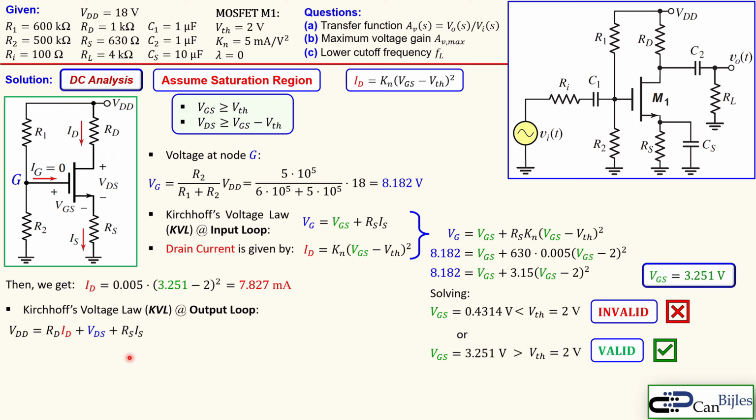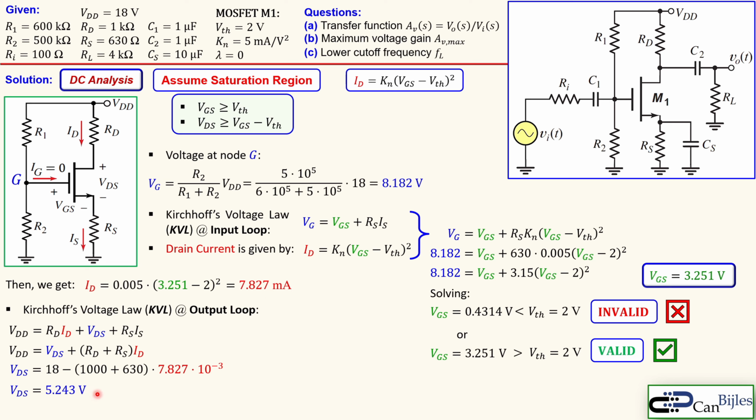That's shown here. We can now group these two resistors, RD and RS, because they have the same current, and then call it times ID or IS, it doesn't matter. And now calculate the VDS here. So 18 minus 1000 plus the 630 times the current we just calculated. And that will be 5.243 volts.